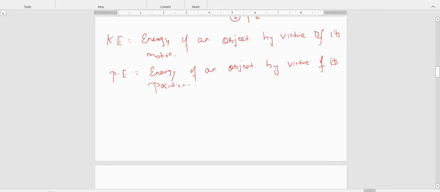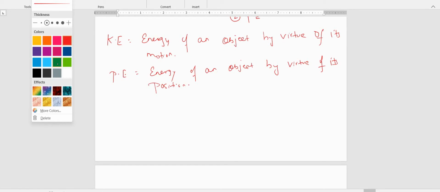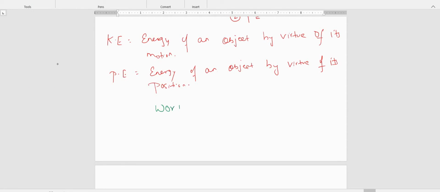So there is a very famous and very important theorem for your exam, that is called the work energy theorem. So what is the work energy theorem?